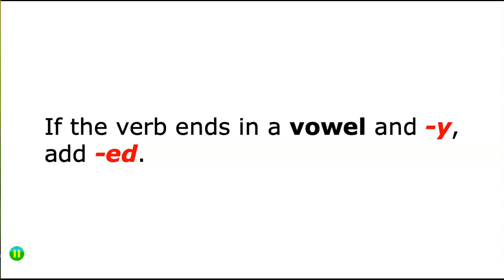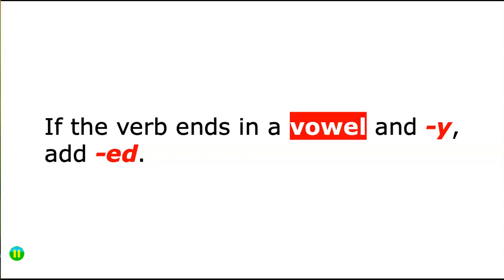However, if the verb ends in a vowel and then a Y, we add ED. Pay attention, we're looking for a vowel followed by the Y. In this case, we do not change the Y, we leave it there and add ED to the base verb.